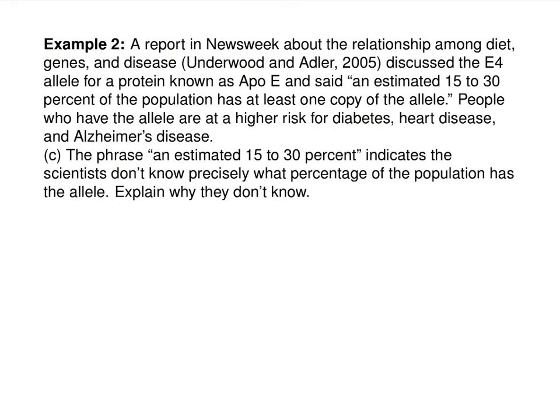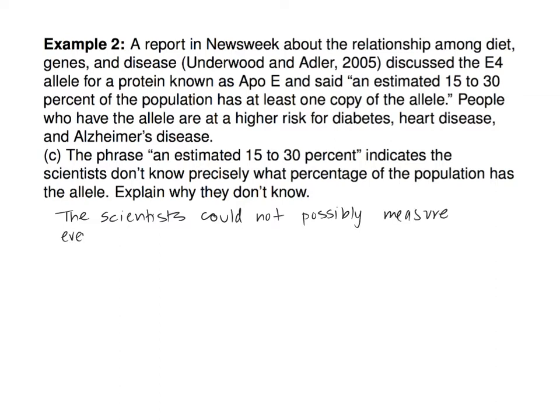The phrase an estimated 15 to 30% indicates the scientists don't know precisely what percentage of the population has this allele. Explain why they don't know. Well, they don't know precisely how many people have this allele because they can't possibly measure everybody. So the scientists could not possibly measure everyone in the population to find the true proportion.